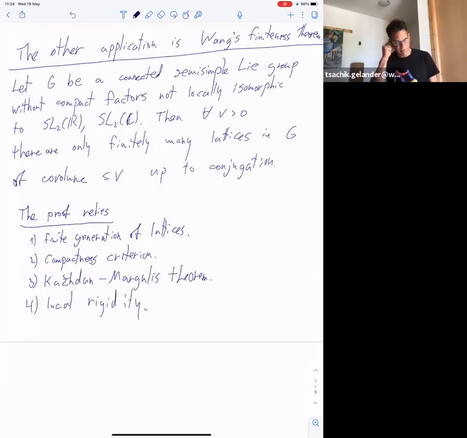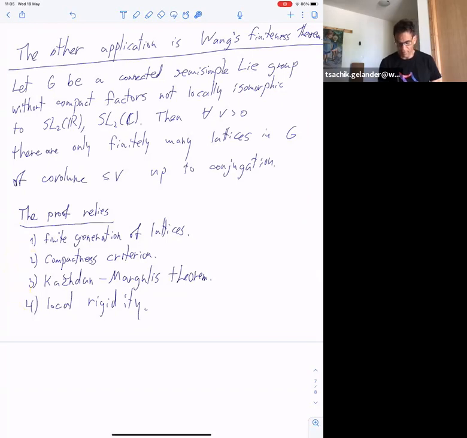So all these four ingredients together, if you combine them nicely, then these three together, these two give you the compactness of something, of the set of conjugacy classes of lattices of volume up to V, and these two give you the discreteness.